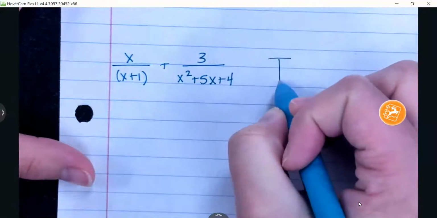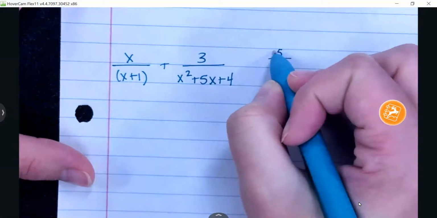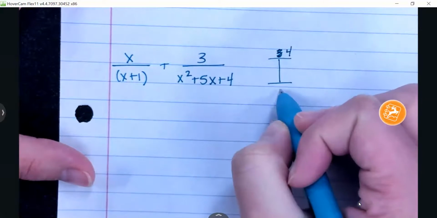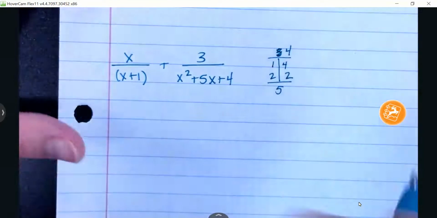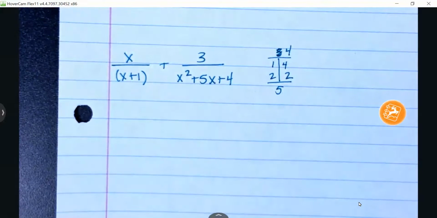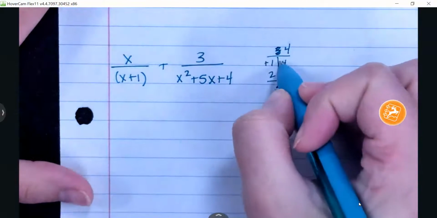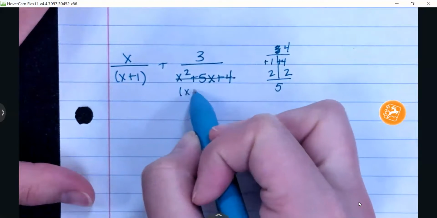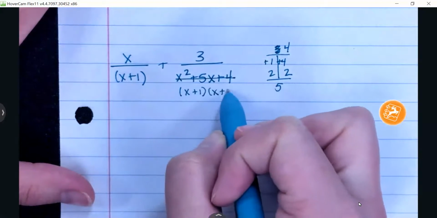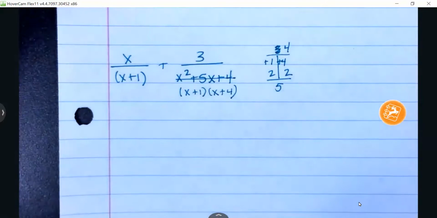So when I make an eye chart, I have 4 at the top and 5 at the bottom. 1 and 4, 2 and 2. How would I get 5? 1 and 4. So I can rewrite this denominator as x plus 1, x plus 4.